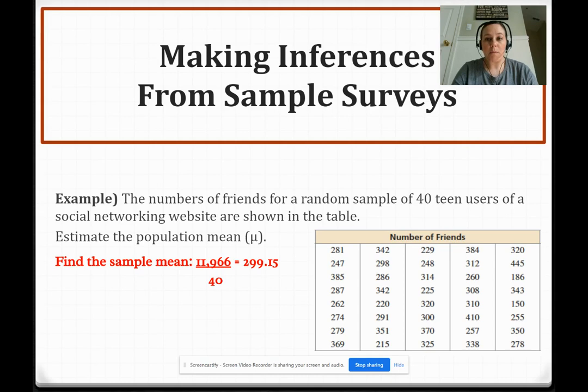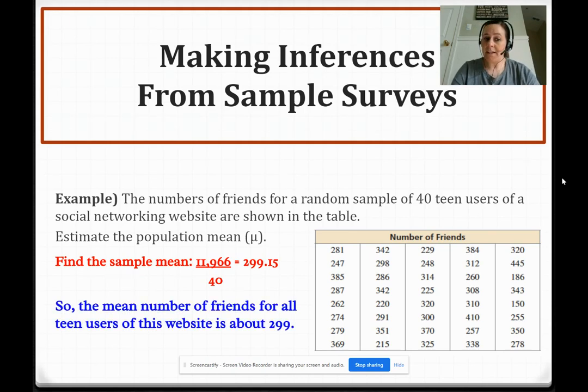Now, that probably is not the perfect average number of friends that all teens have on this social networking site, but it is my best estimate as to what I think the population mean might be somewhere around. So I could say the mean number of friends for all teen users of this website is about 299. I don't want to say that it is 299, but I can say that it's probably approximately around there.